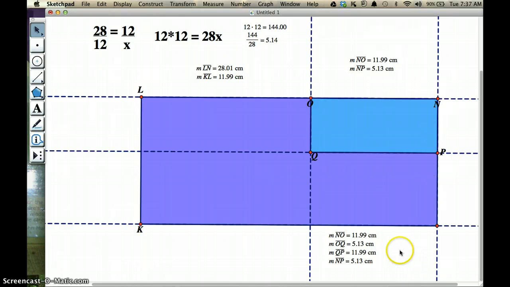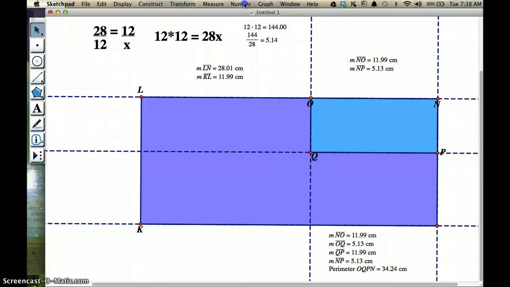My father needs to know what the perimeter of the shed is going to be so that he can buy the correct amount of wood to start constructing it. So in order to find the perimeter, I select the inside box and I measure the perimeter. And the perimeter is 34.24.